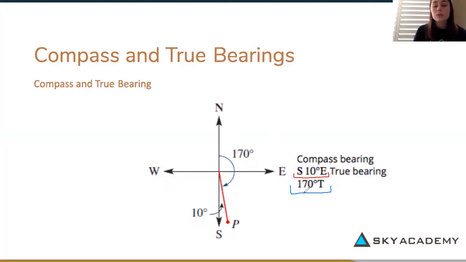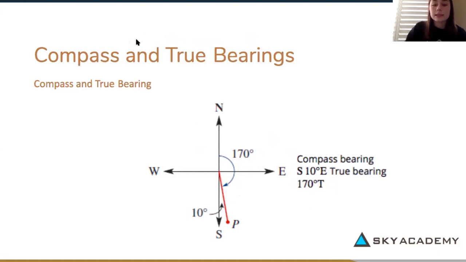So that true bearing does indicate this red line also. So these two compass and true bearings are correct for the same red line. So this here is the compass bearing, 10 degrees east from south, and here is our true bearing, 170 degrees true from north.